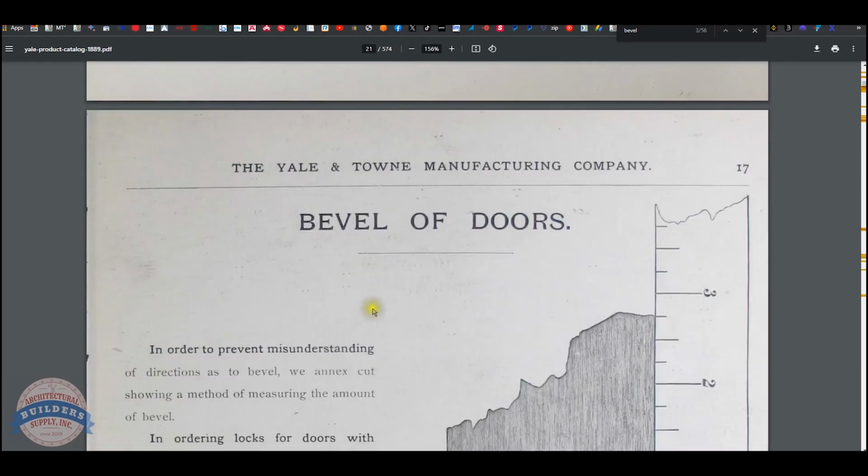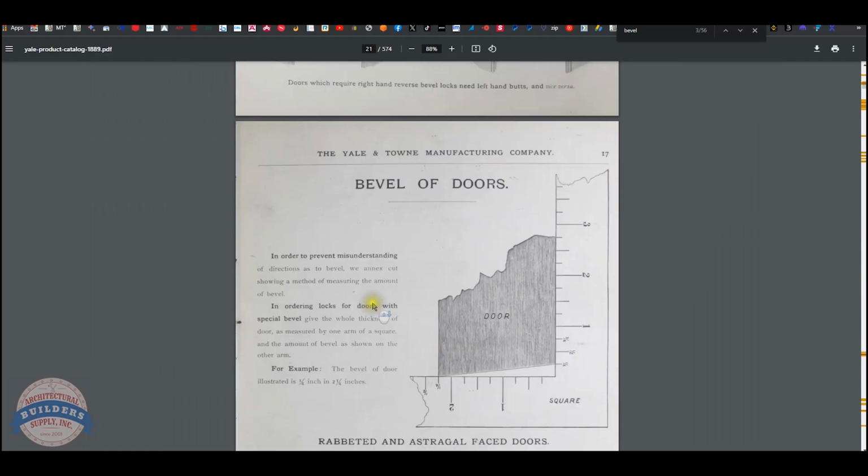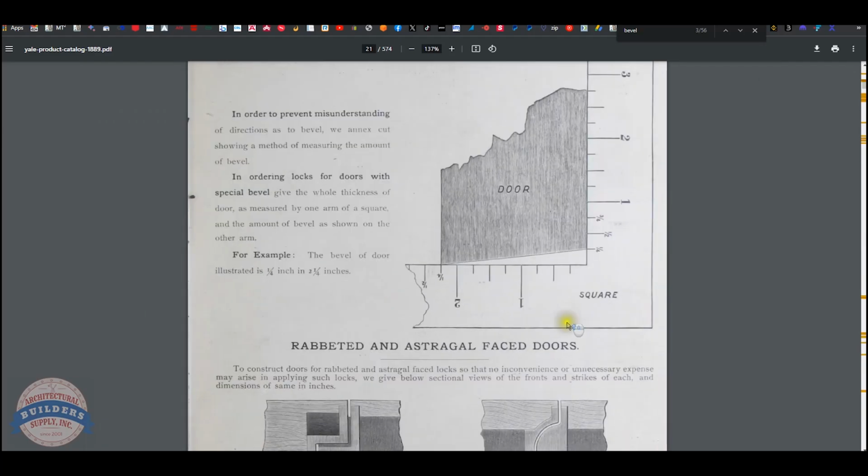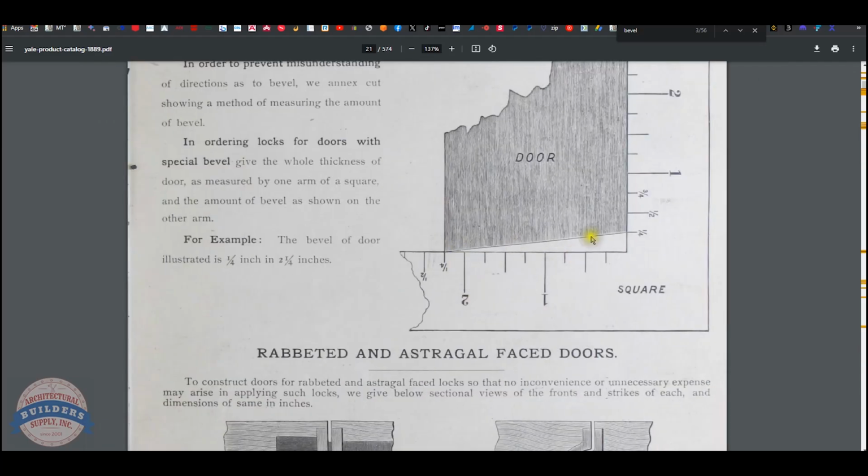which I think is a typo, because I believe it's page 17. So here's what they're showing in 1889. A 2 1/4 inch thick door has a 1/4 inch relief there. So we could put that in AutoCAD and determine that angle. Let's just do that.